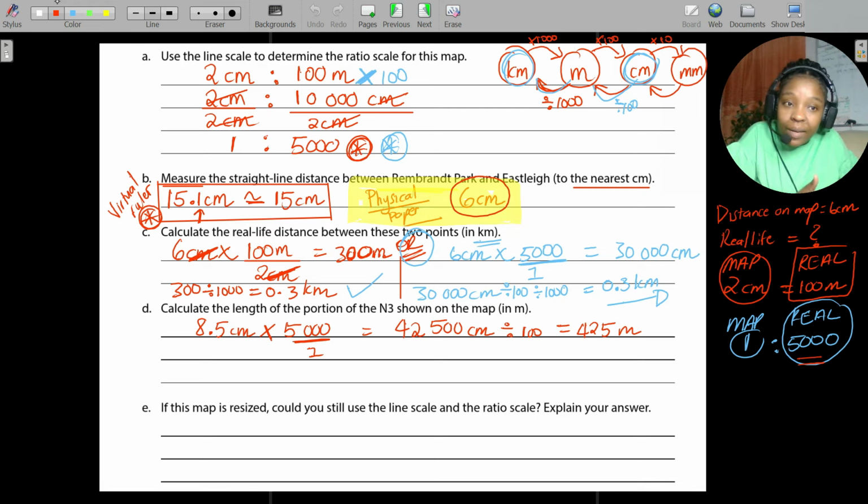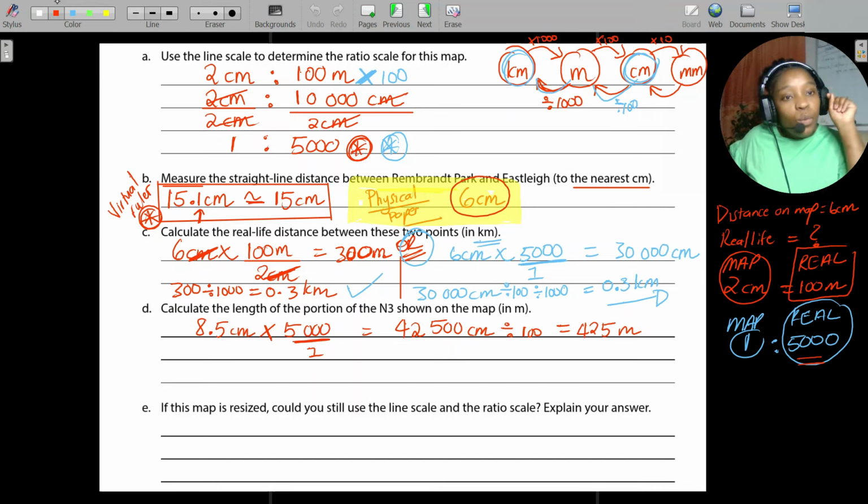Let's say, for example, you're given a line scale. Would you still use that line scale if you were to resize the paper? Yes, you would still use that line scale, because with a line scale you can measure the distance on the map to give you the distance in real life. When you resize it, it also resizes the scale correctly.